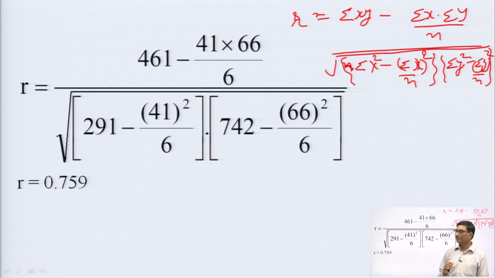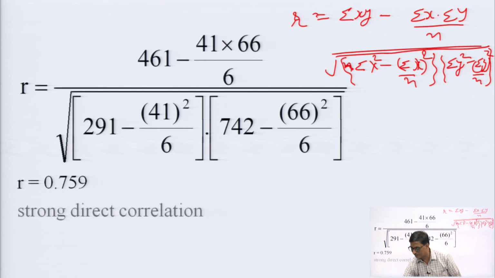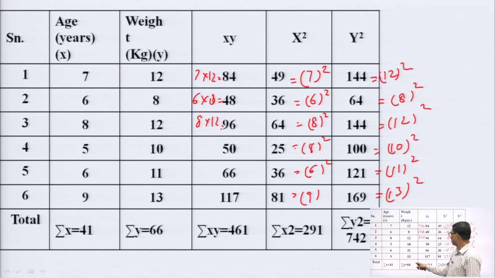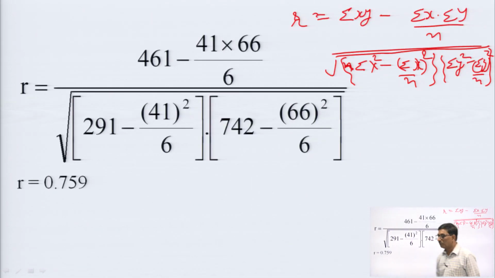Now, summation x square is 291 and summation y square is 742. So, we put these values in. On solving this, we get r equal to 0.759.